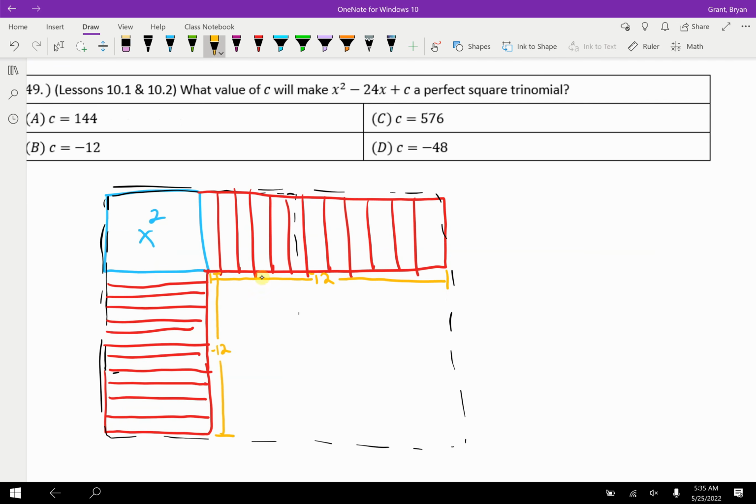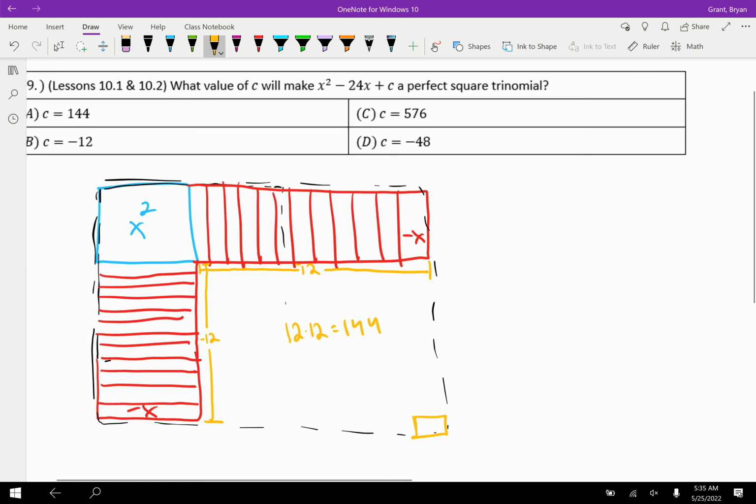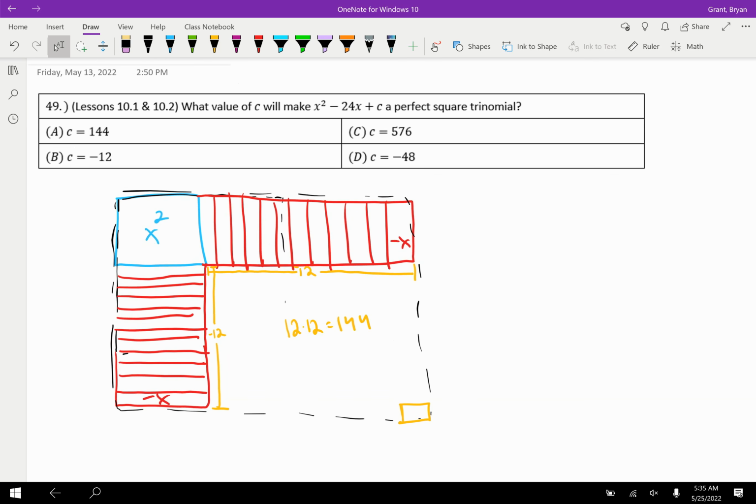So if you have a space that is 12 by 12, how many little ones fit in here? That's 12 times 12, which is 144. Notice it is a positive 144 because when you multiply a negative x times a negative x, that answer is a positive.